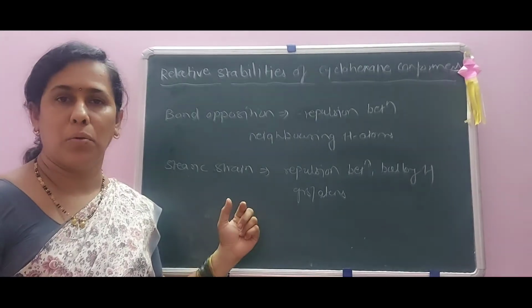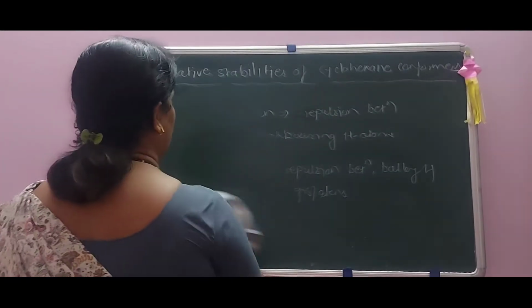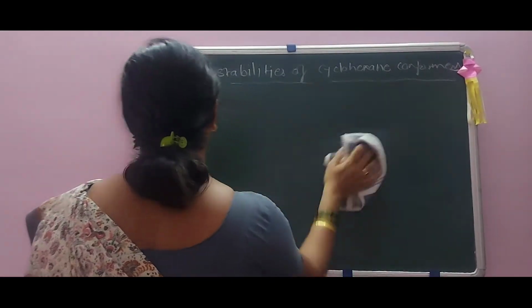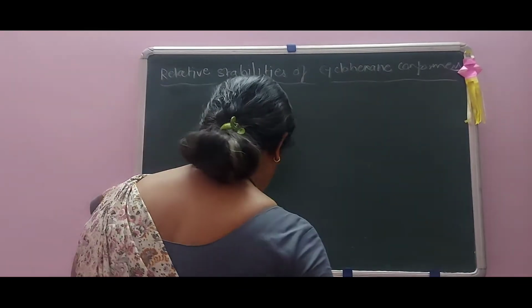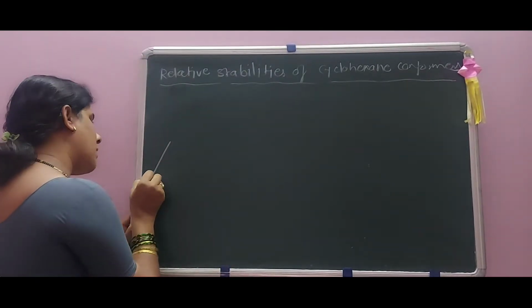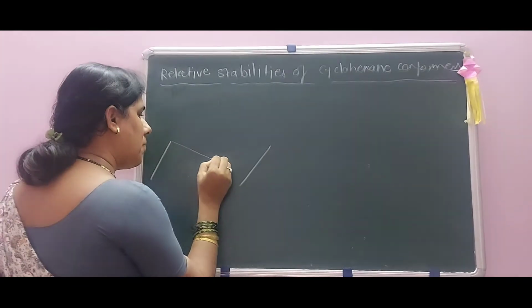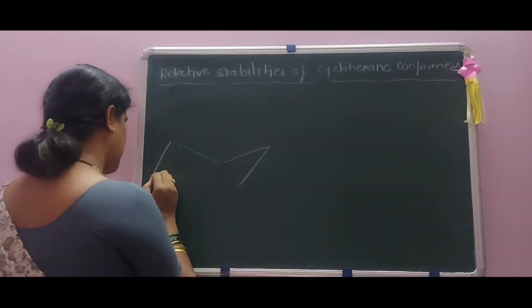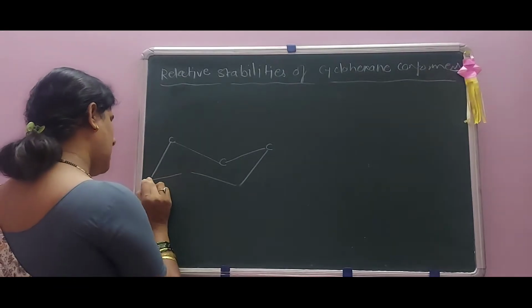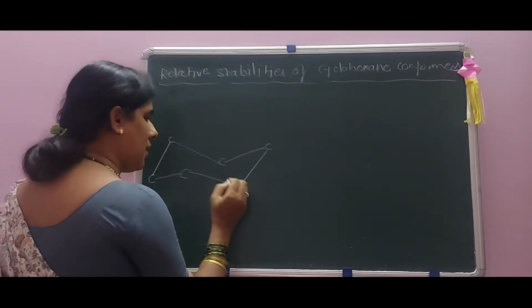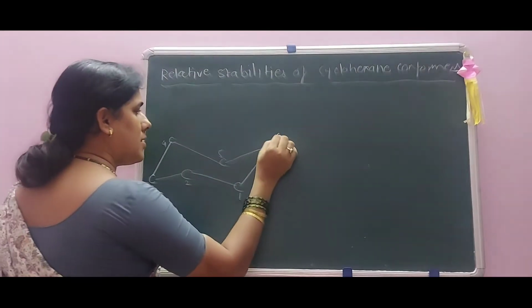Okay, now we will consider the chair form of cyclohexane by obstructing carbons 2 and 5 of the conformers as shown here below. See here, the conformations are chair and boat. First I am writing the structure of cyclohexane in a chair form. This is C, again C, and here C, numbered 1, 2, 3, 4, 5 and 6.